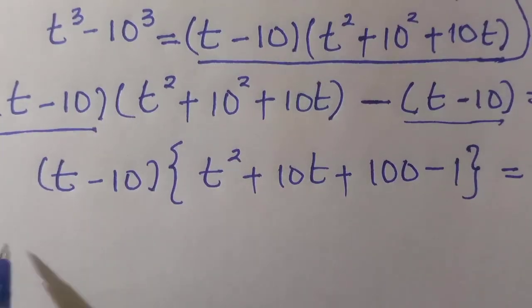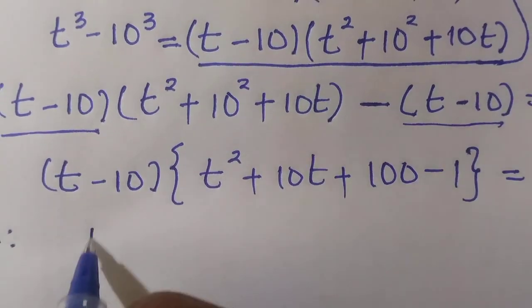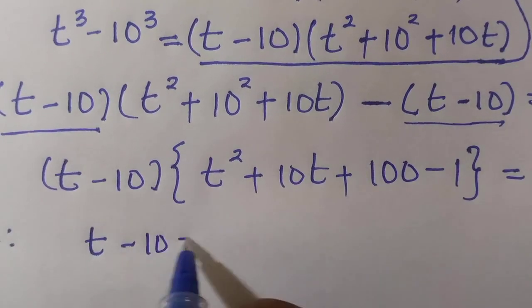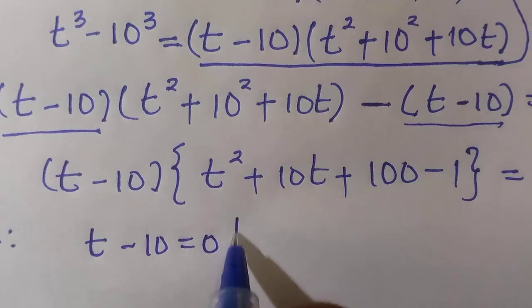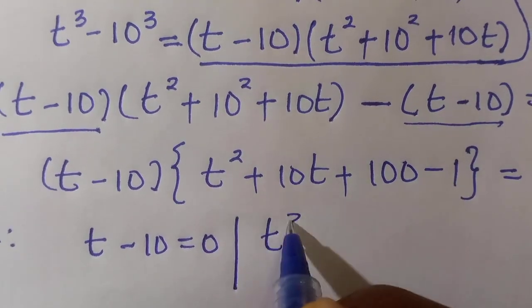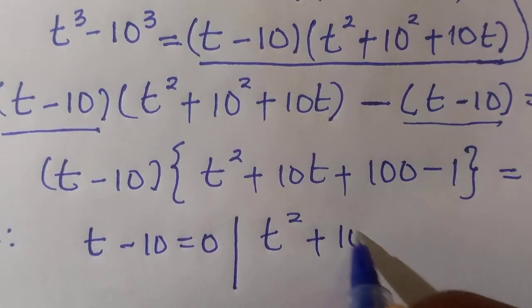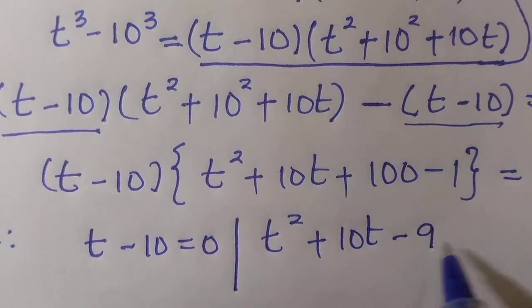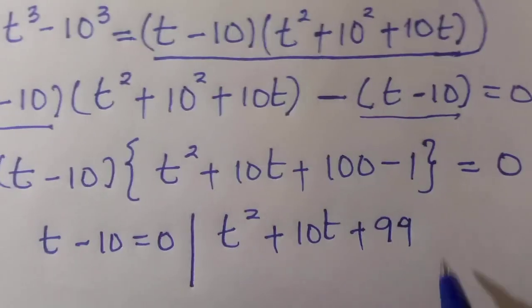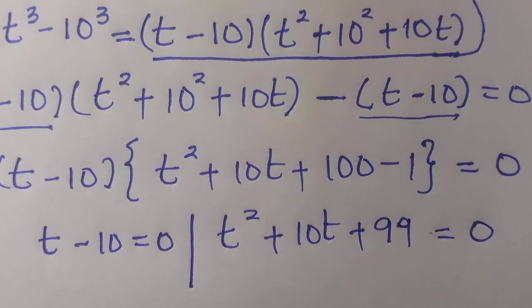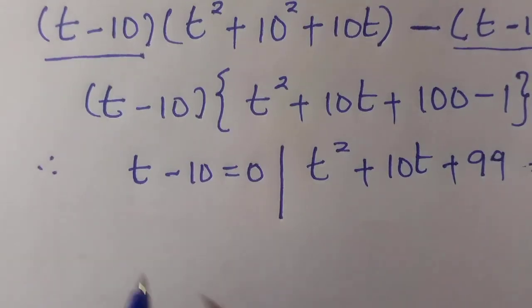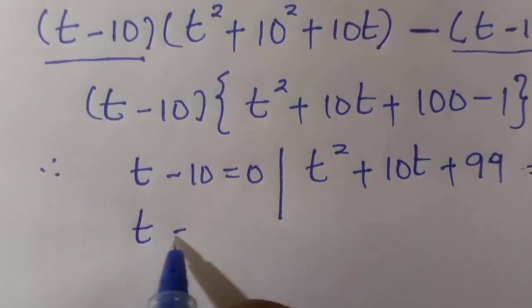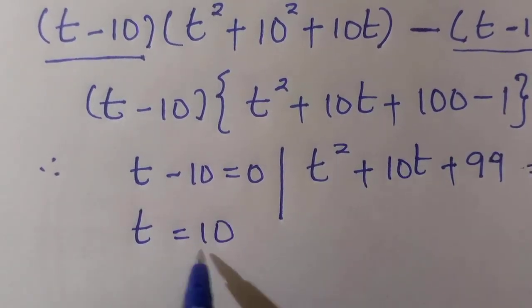And by the rules of 0, it means that T minus 10 equals 0, or we are going to have T to the power of 2 plus 10T plus 99, everything equals 0. So for the first value of this cubic equation, we have T equals 10.